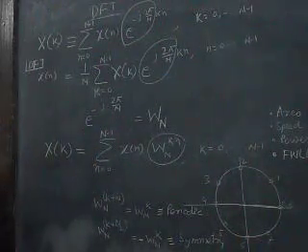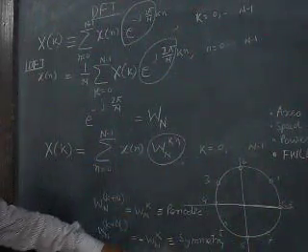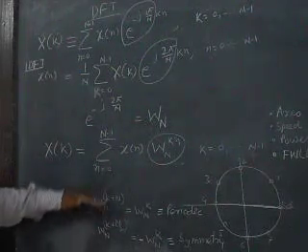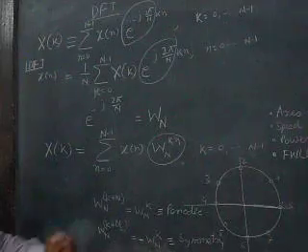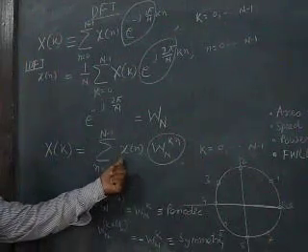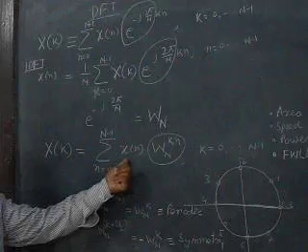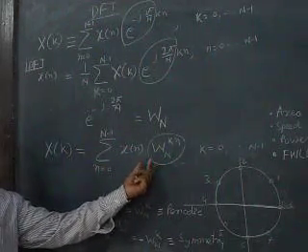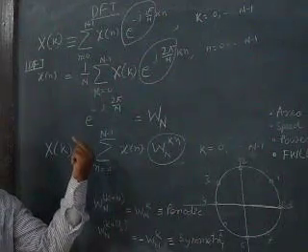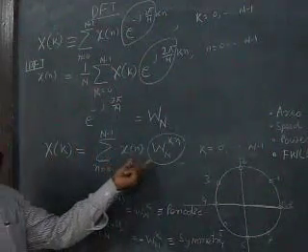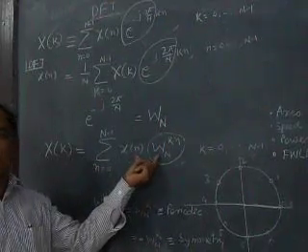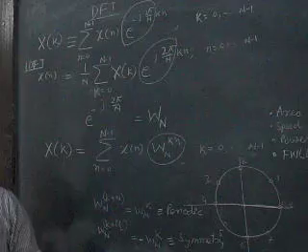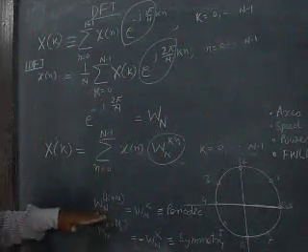So by exploiting these two properties, we can reduce the complexity of the system, because in this system we consider the sequence, multiply it by the twiddle factor, and whatever is the result is added to the previous one. If we are in a position to reduce the number of multiplications, it means we have reduced the complexity of the system.